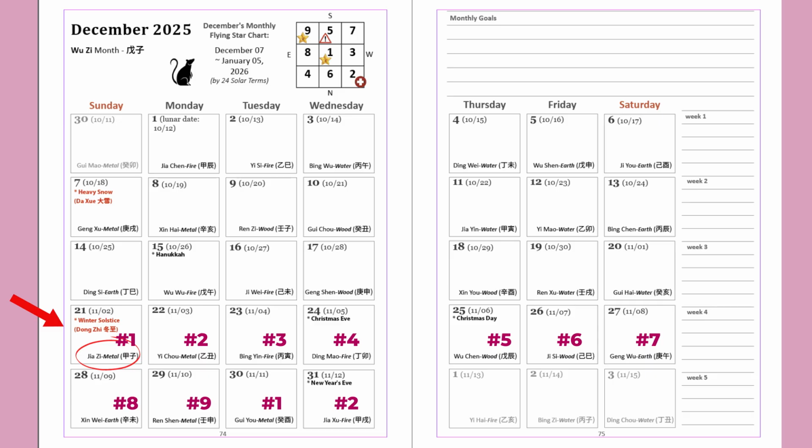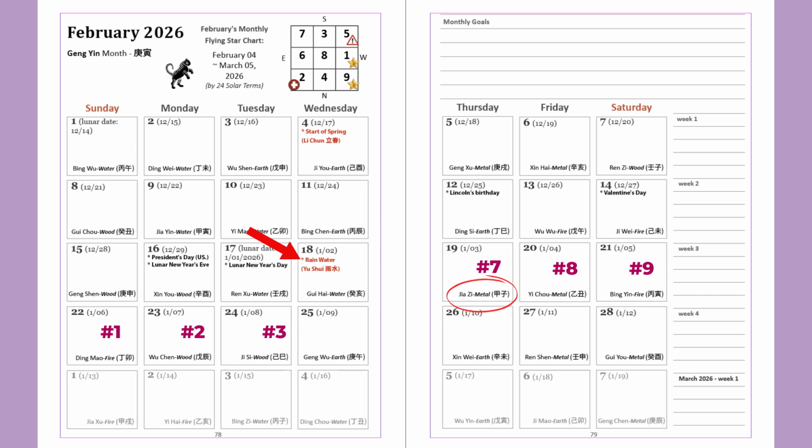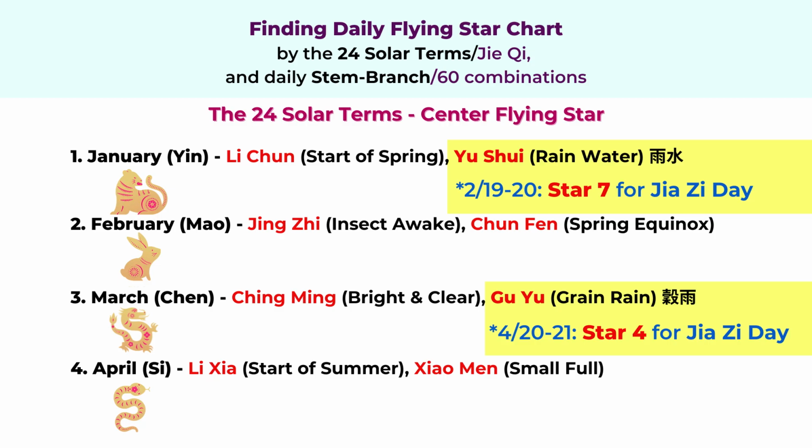So we keep going in this order, and we'll skip 3 solar turns. So that includes January 2026, 2 solar turns, and the first solar turn of February 2026. That's the Li Chun. And the next one will be the rainwater on the 18th of February 2026.